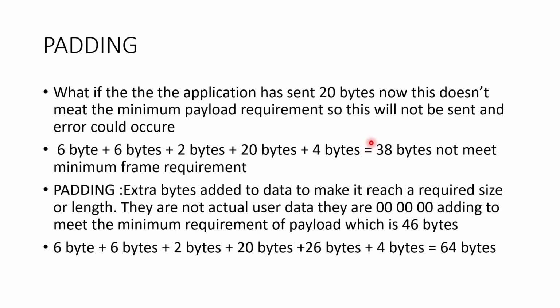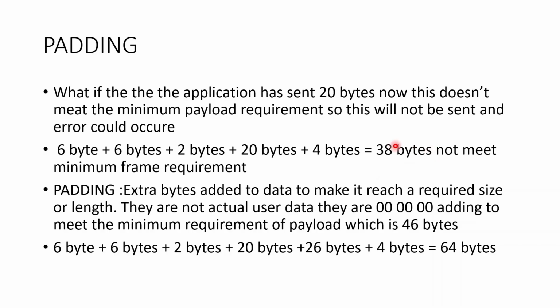Now, the frame has its minimum requirement. The minimum requirement for the frame to be transmitted is a length of 64 bytes. But for now, it is 38 bytes long. What is going to happen? This frame is not going to be transmitted from the source to the destination device.